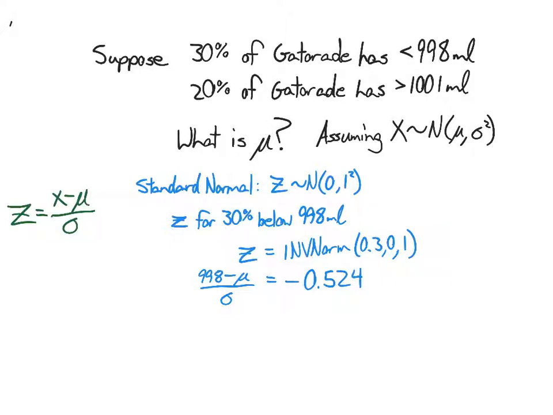All right? So check this out. So now we're going to get the Z for the 20% above 1001. So yes, that means that we have 80% that is below 1001.